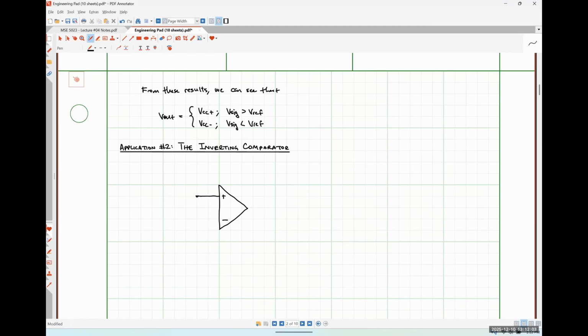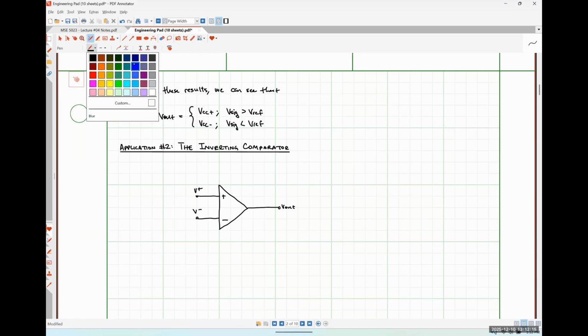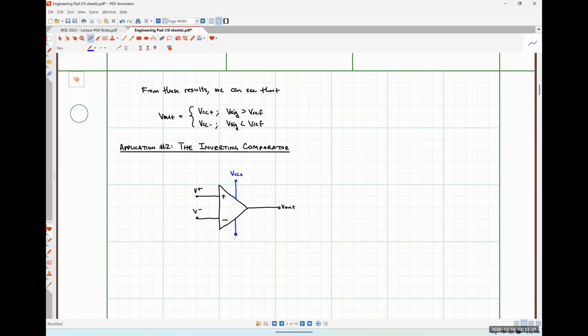Here's the node V plus, V minus, V out, my supply voltage VCC plus, my supply voltage VCC minus. We might be driving some load.